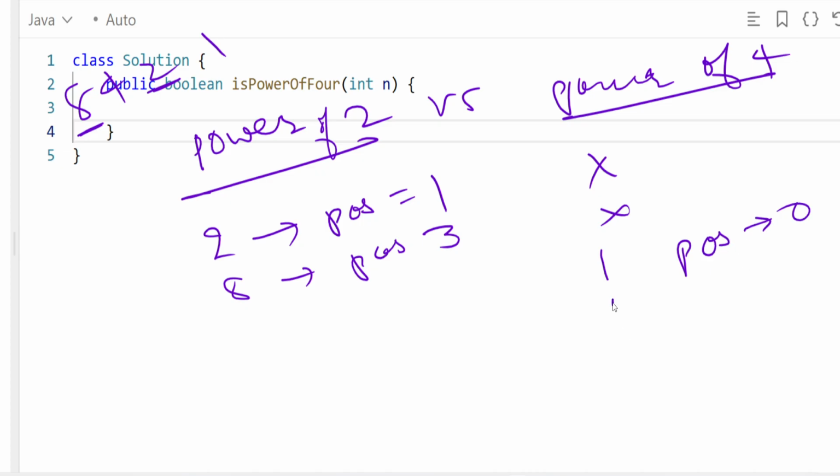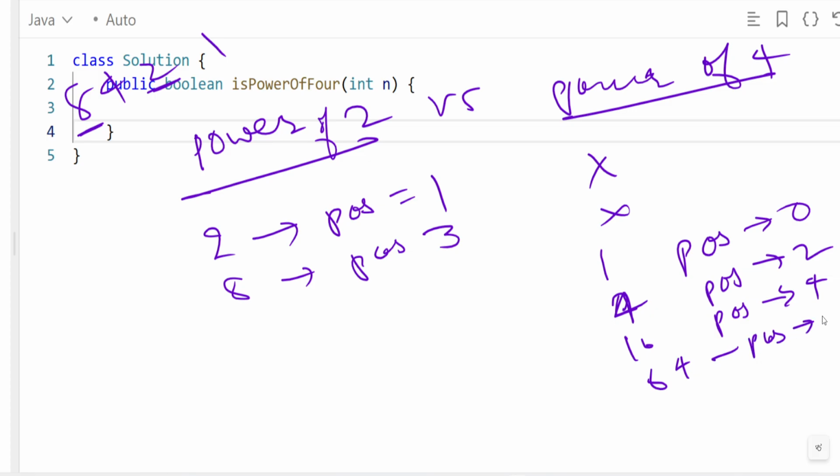Then we saw 4, which was at position 2. Then we have 16, at position 4. Then we have seen 64, at position 6, I guess. Yes, like that we have to go and see. So these are the differences.